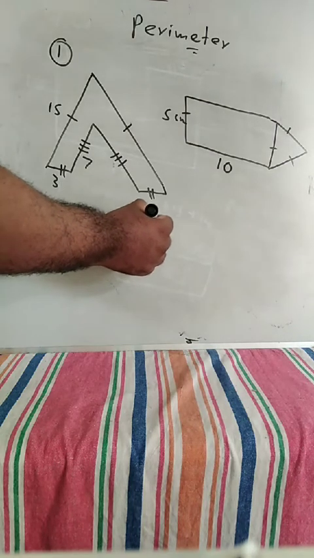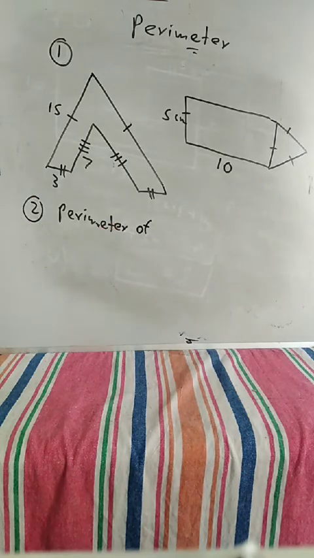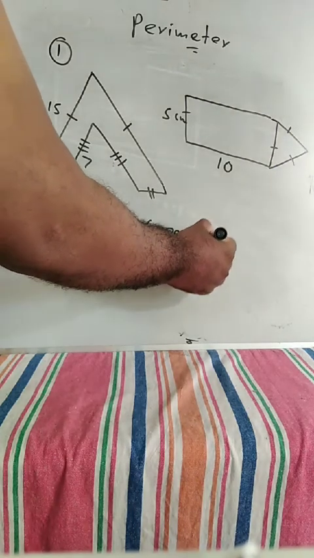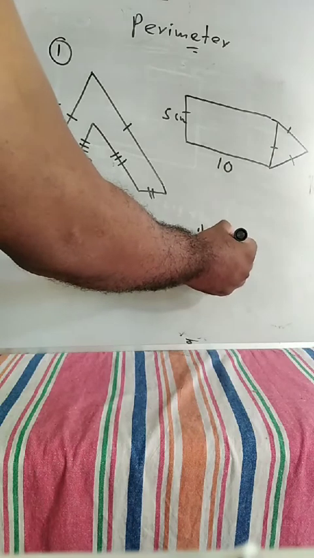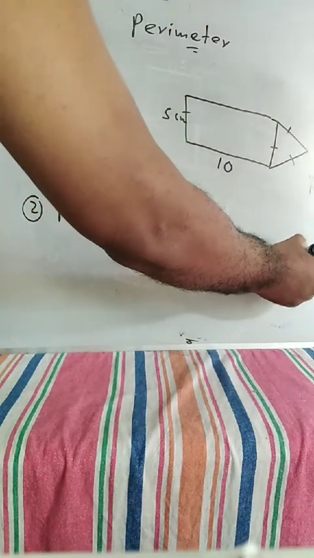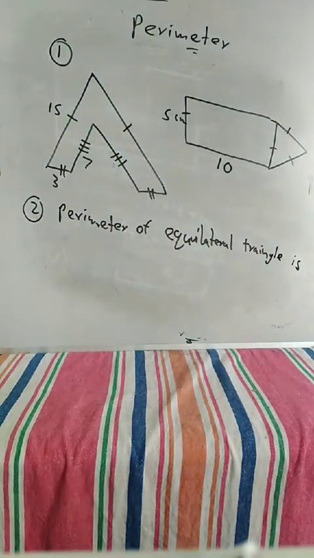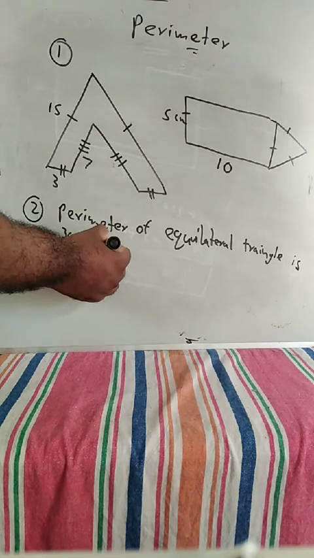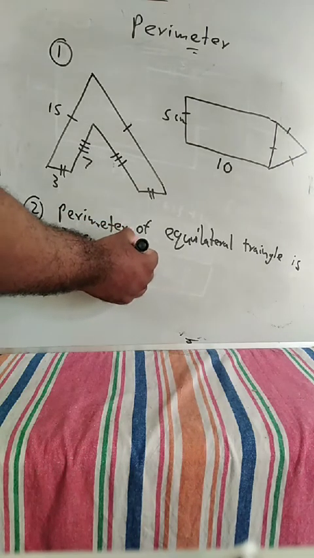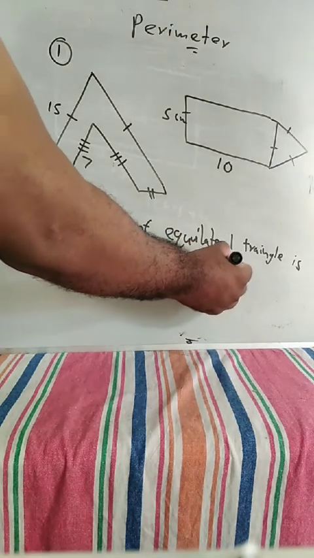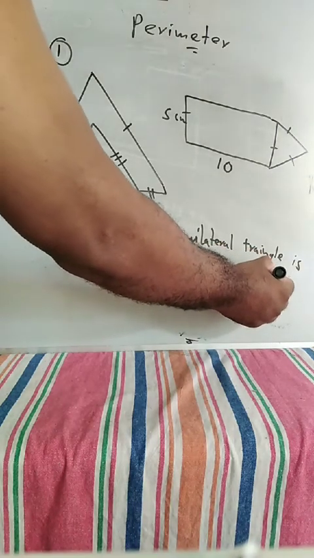The perimeter of an equilateral triangle is 30 centimeters. Find the length of side.